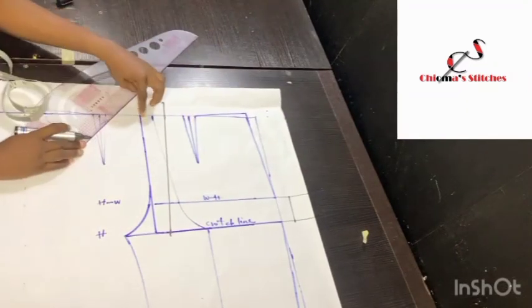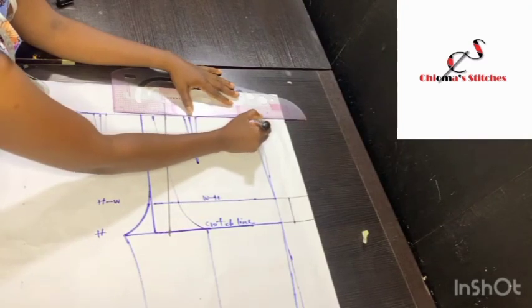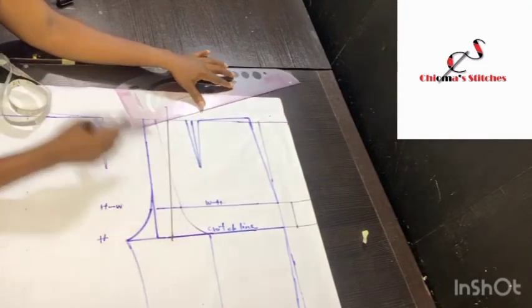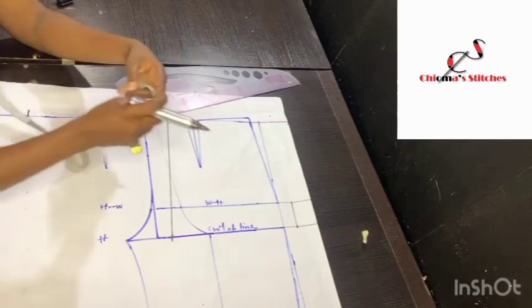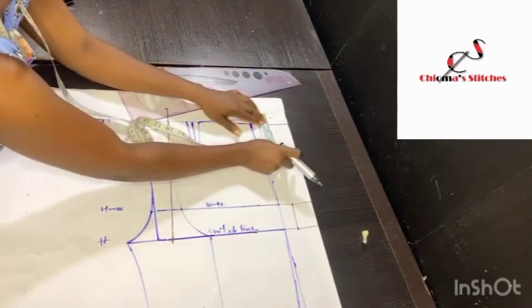And then you can also rule this waistline all the way to the end, because from this waistline we'll also come up by half an inch as well, like we did here for the front pattern.